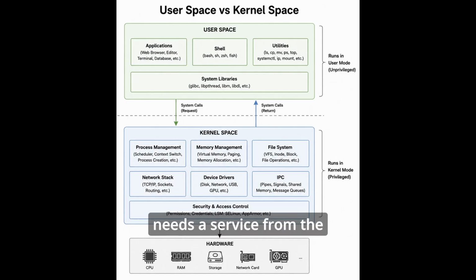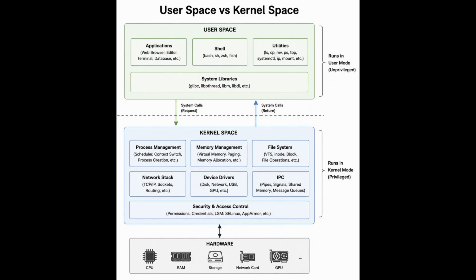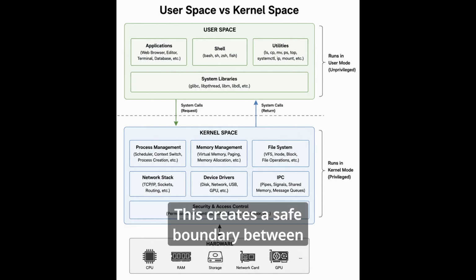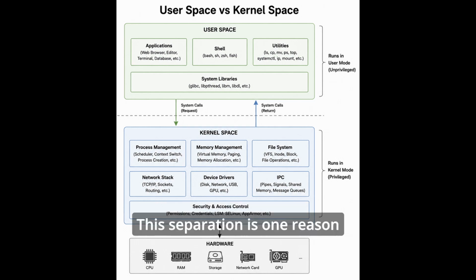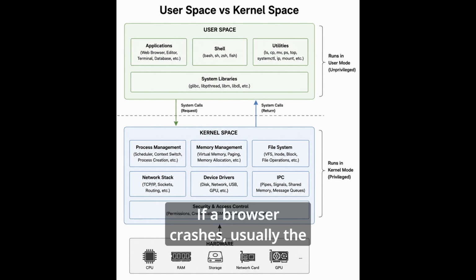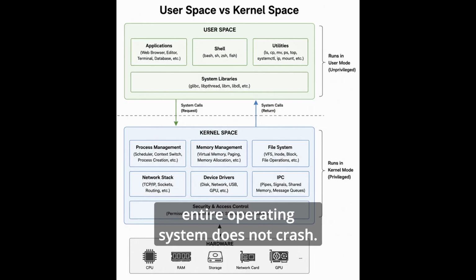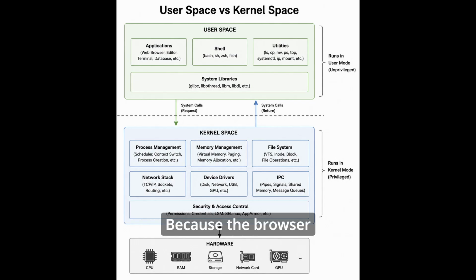When an application needs a service from the kernel, it must use something called a system call. This creates a safe boundary between applications and the operating system. This separation is one reason Linux systems are stable. If a browser crashes, usually the entire operating system does not crash, because the browser is isolated in user space.